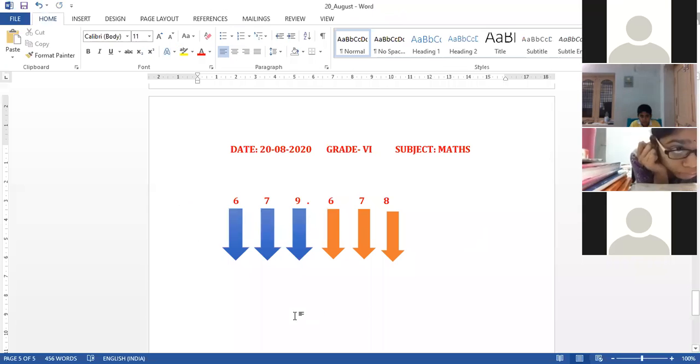Firstly, I want to check 6 is present in which place? Hundreds place. 1 is present with a place, 6 is present in the hundreds place. Next, 7 is present in the tens place. 9 is present in the ones place.